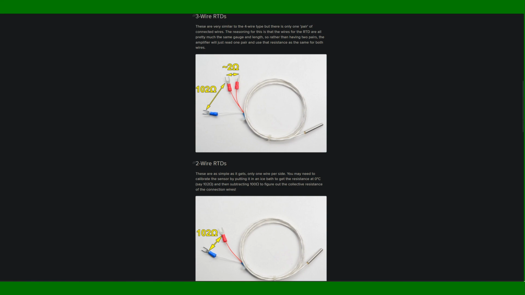Once you hook it up, you can use different versions of these probe sensors. So here's a 3-wire, here's a 4-wire, and then they even have a 2-wire. I would recommend going through this, maybe even with your students, and reading up on the different reasons why you might want to use a 4-wire versus a 3 or a 2. It gives you options, so there's a lot of flexibility with this.